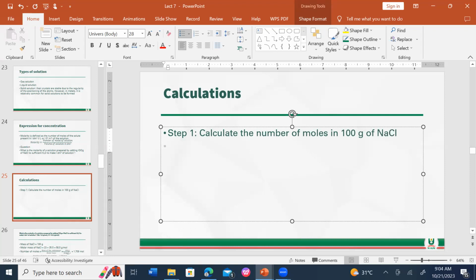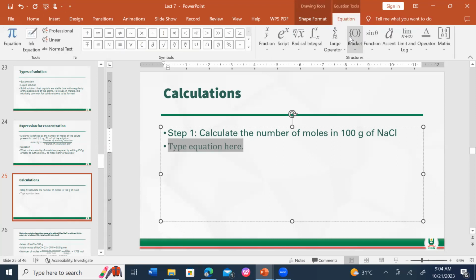If you are doing practical currently, you know that this discussion is very necessary for you. So the number of moles will be equal to the mass of the substance in grams divided by the molar mass.